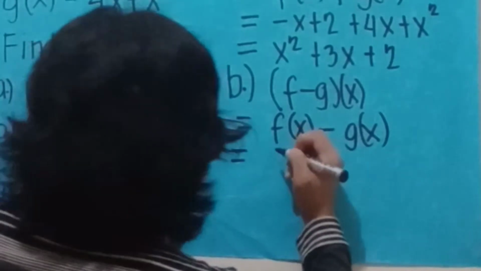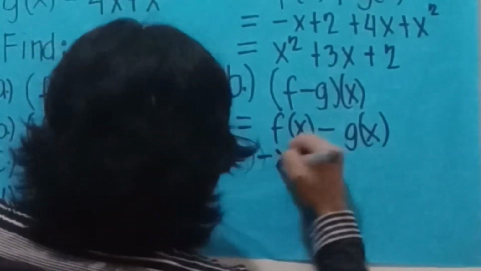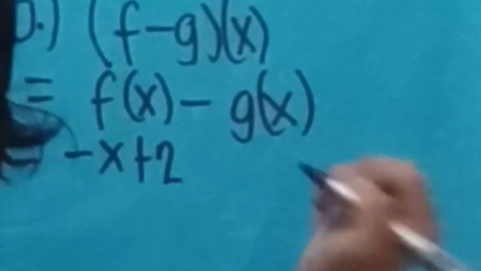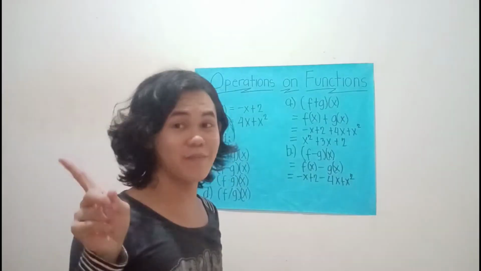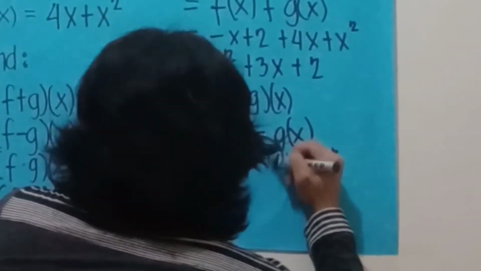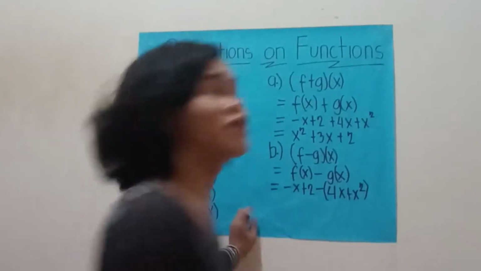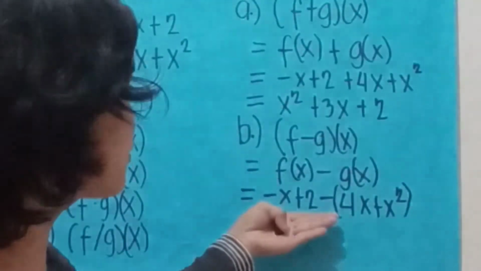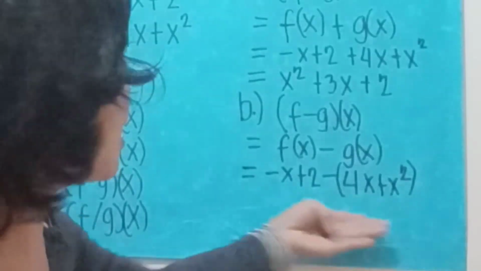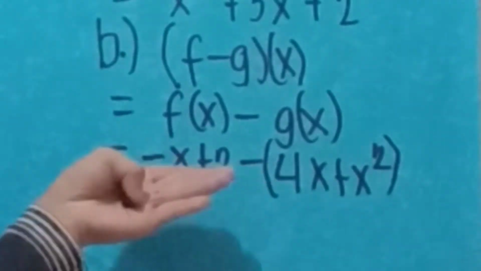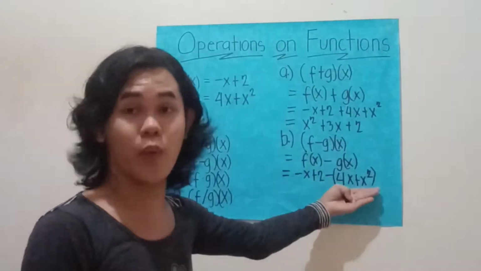We are going to put our f of x, which is negative x plus 2, minus our g of x, which is 4x plus x squared. Keep in mind that we need to put this inside a parenthesis to remind us that we need to subtract the entire thing, not just the 4x, but to subtract 4x plus x squared.